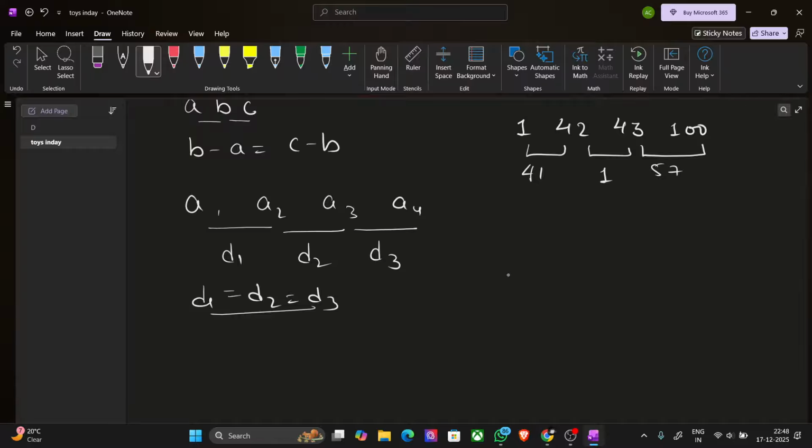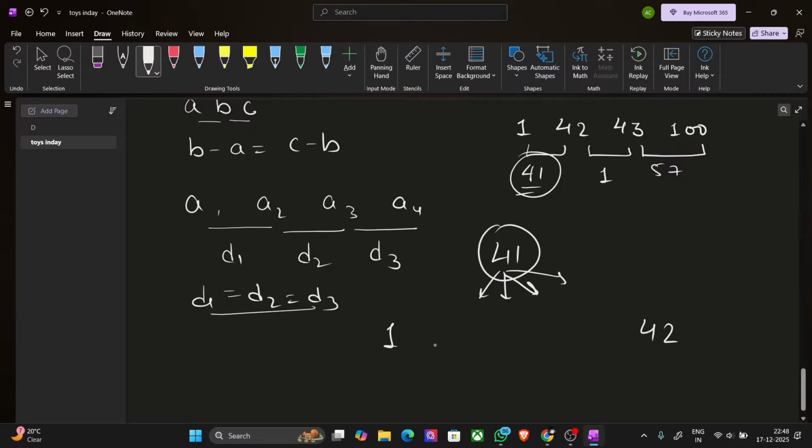Now if you look at this difference 41, I need to divide it in such a way that all the elements, when I add them, like let's take 1 and 42 as two numbers, and I will add some elements here, right? Then the difference of all these elements must be the same, right?